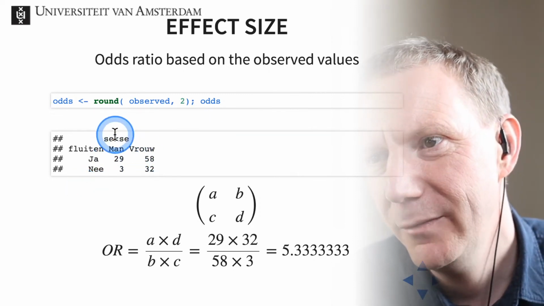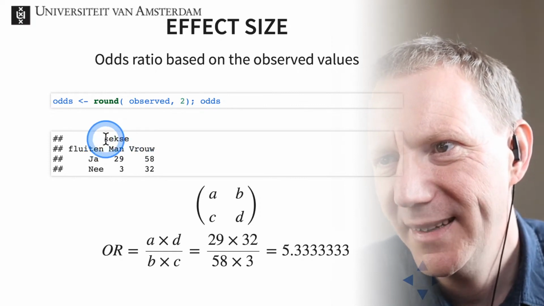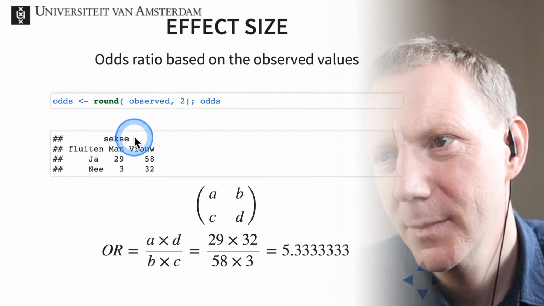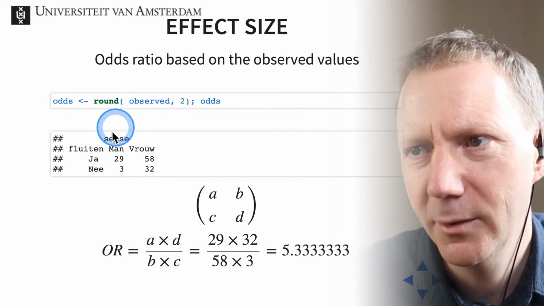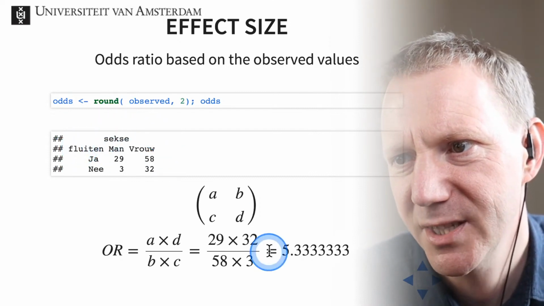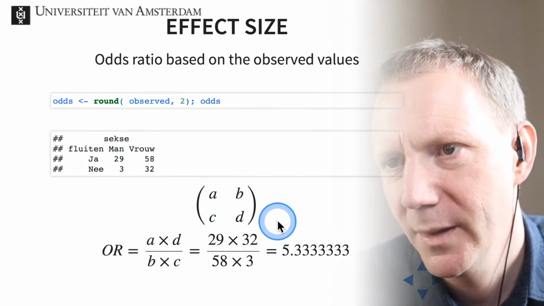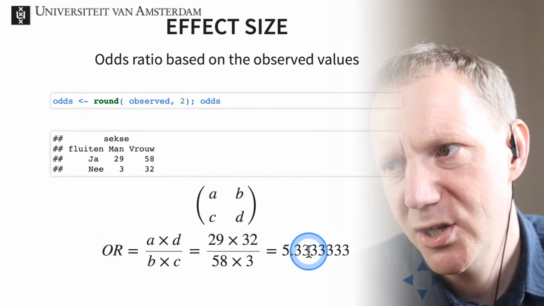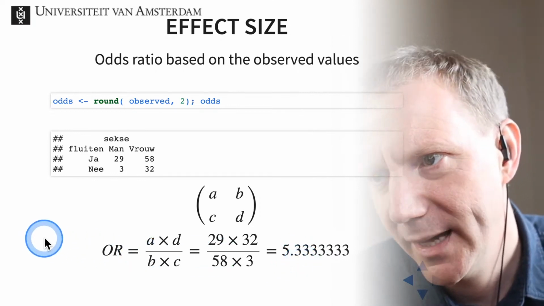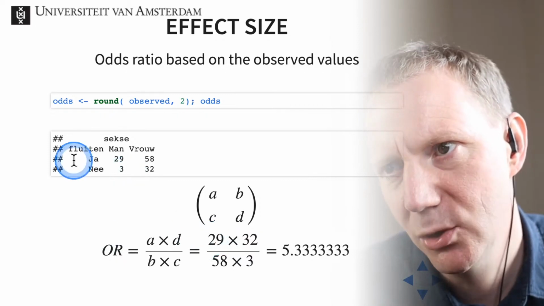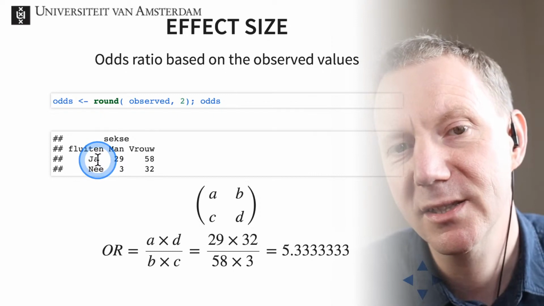So if I would have created this contingency table flipped around with the gender on the y-axis, and I would have applied this rule, I would get the odds ratio for males and females. So applying this rule at least ensures that you get the odds ratio on whatever is on the y-axis.